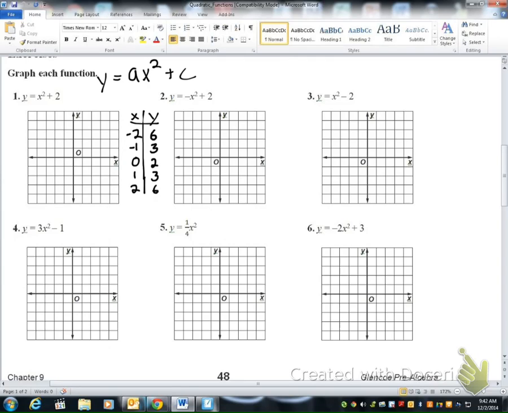So we have -2, 6. And since this graph only goes up to 5, we're going to count by 2s to make it fit. So -2 means I'm really going to go to the left just 1. And then up 6 means I'm going to go up 3. So that's my first point.